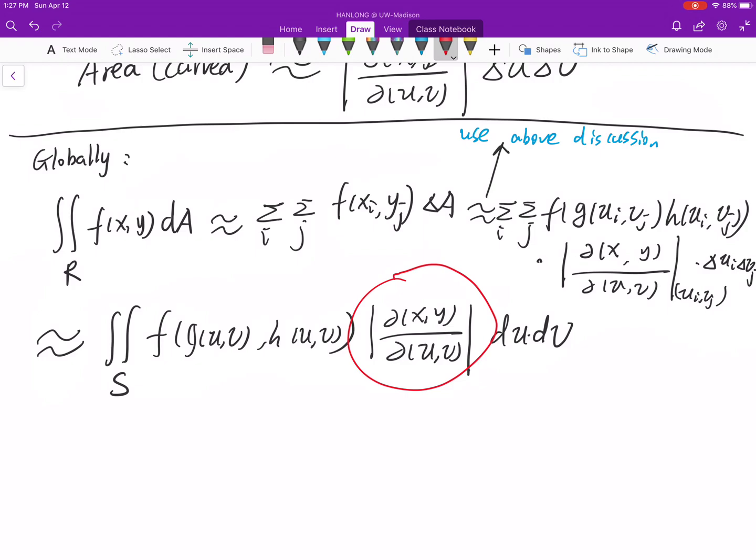And the region is, let's remark, S is the image of R. In principle we know how to figure out S, but for individual problems you need to work a little bit.